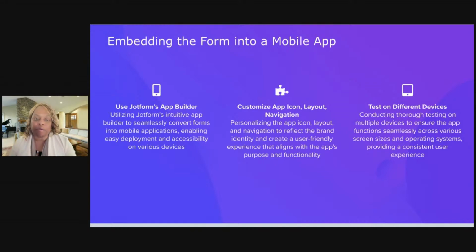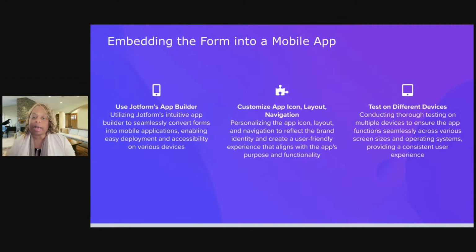When you add forms, it'll seamlessly convert those forms into the right kind of application inside of the form builder. But you could also turn a form into an app by just building the form first, and then telling the Jotform system to turn that form into an app. Now, you could just as easily build the app and add forms. Okay, so it works both ways.